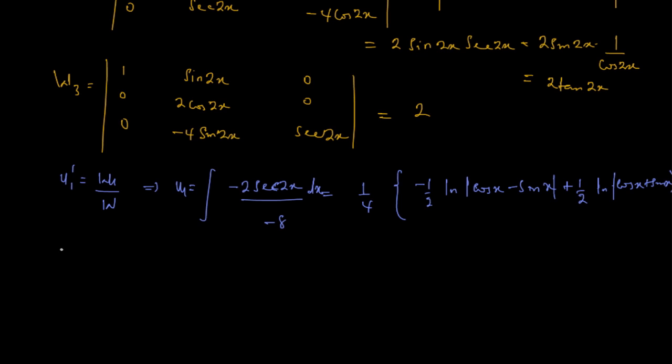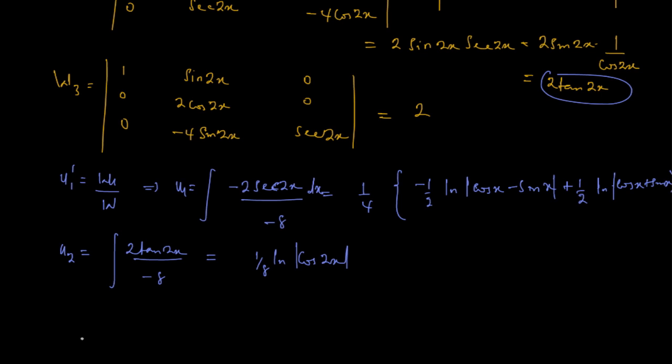So similarly, u2 will be the integral of w2. Our w2 is this. So that's 2 tangent of 2x divided by minus 8. And then that gives us 1 divided by 8, the ln of the cosine of 2x.